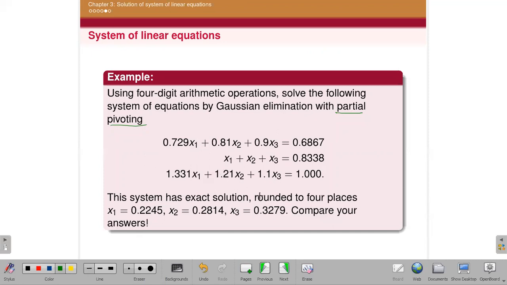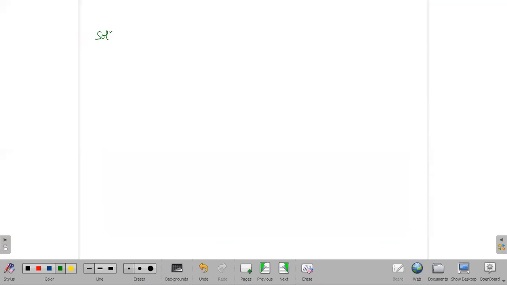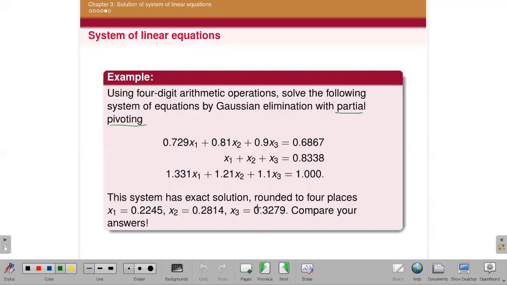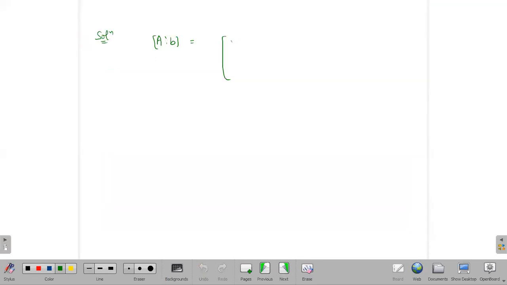So let us write this in the augmented matrix. 0.729, 0.81, 0.9, 0.6867, and these are 1, 1, 1.